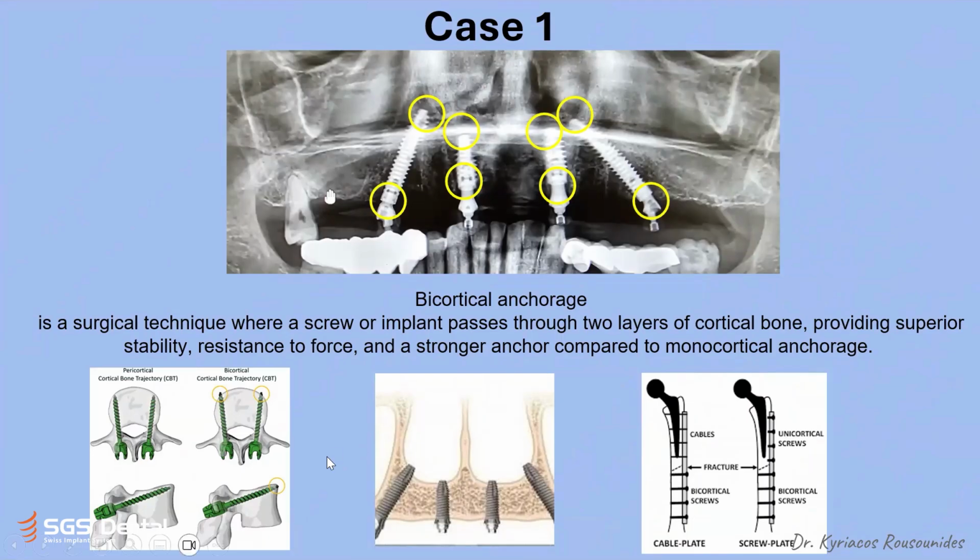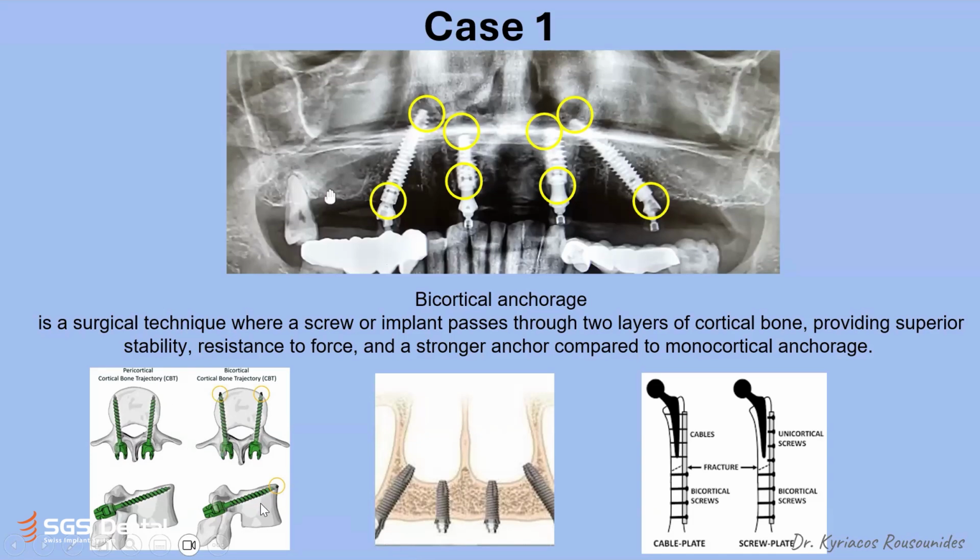We see here from a femur, and here from a spine bone, how the screws go through the bone from the cortical part here to the cortical at the other end.